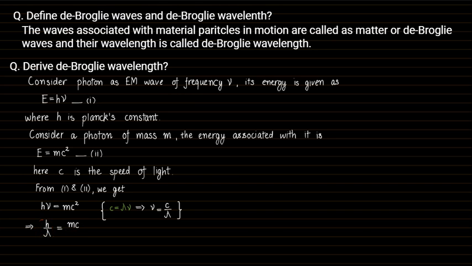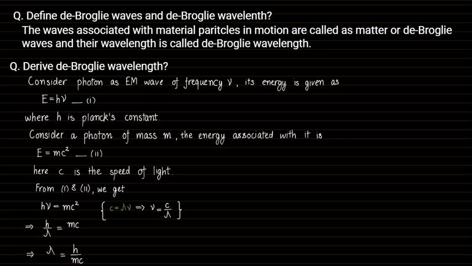Now we will invert it. I'll send this lambda to the numerator, this h will come to the denominator. Similarly, mc will come to the denominator. Then I'll get lambda upon h equals 1 upon mc. I can cross multiply, then I'll get lambda equals h upon mc.